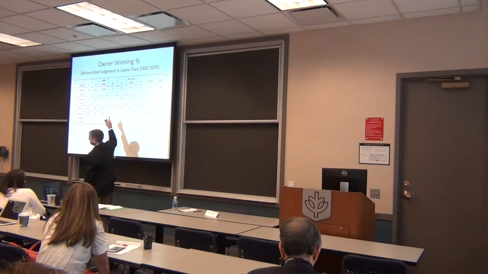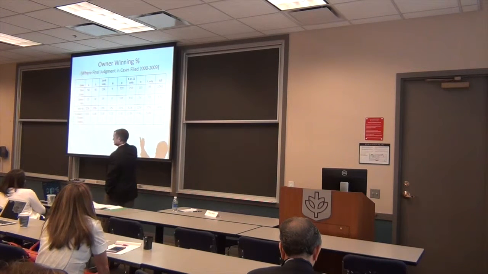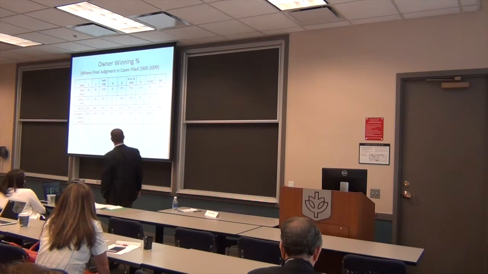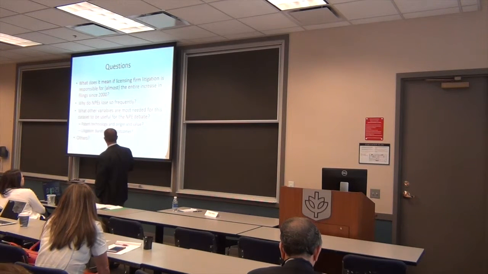And I included 6, which is university. I don't know why it was only 5 cases, but it was interesting. It was actually statistically significant. They lost 0 of the 5 cases over that time period that went to a final judgment. There's probably more, like I said, this is really probably 85% of final judgments during those 9 years. So that's what we have now.